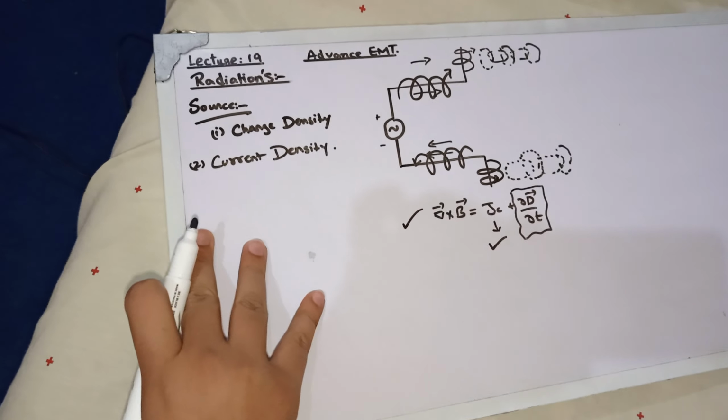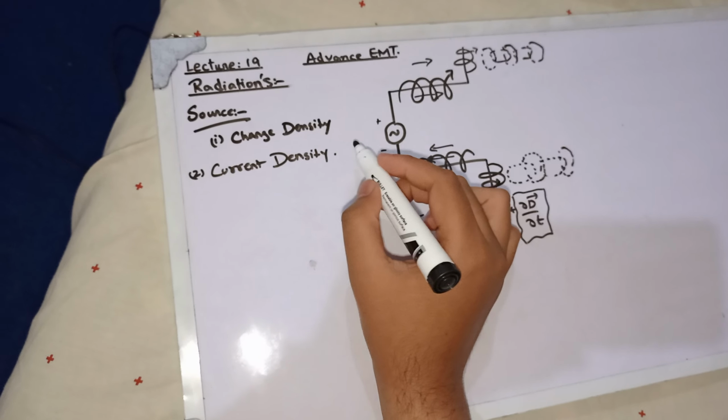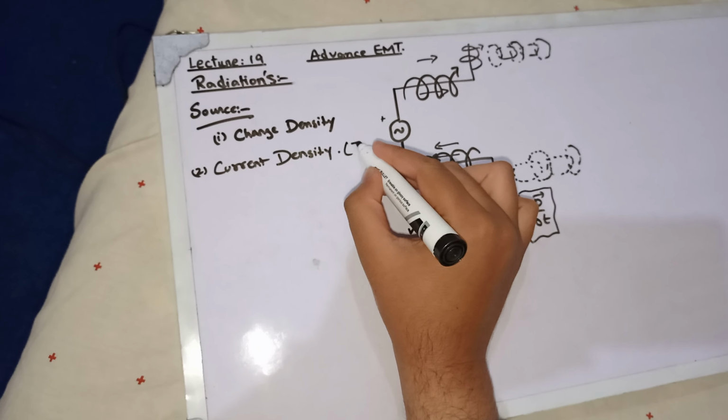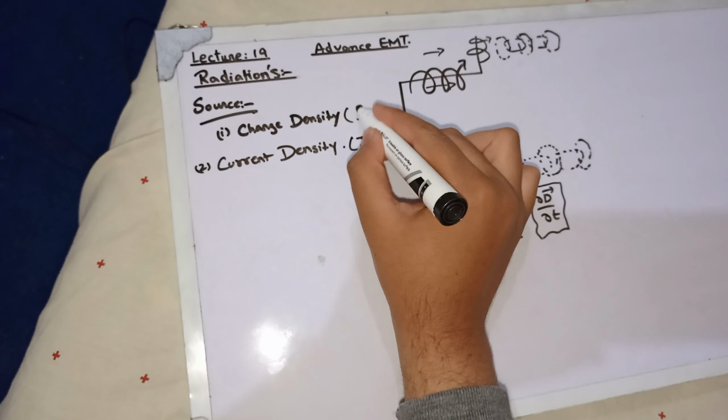Current density is denoted by J, and charge density is denoted by rho.